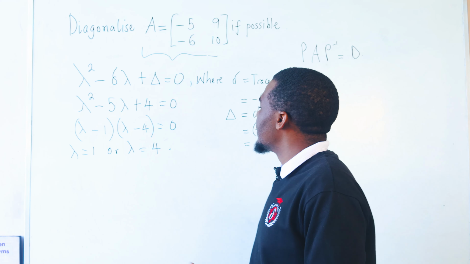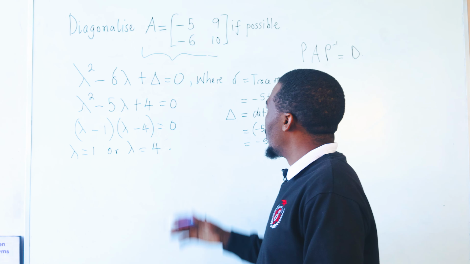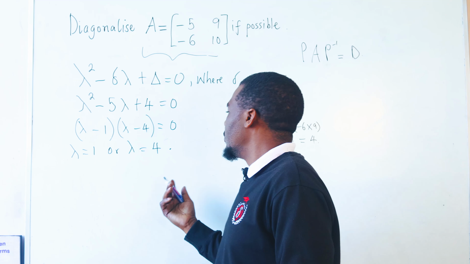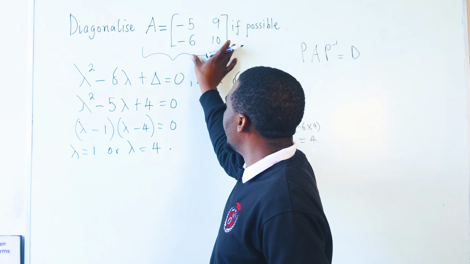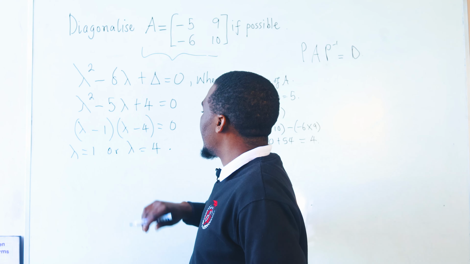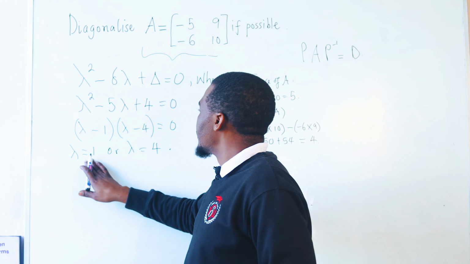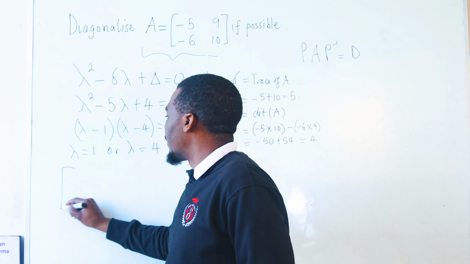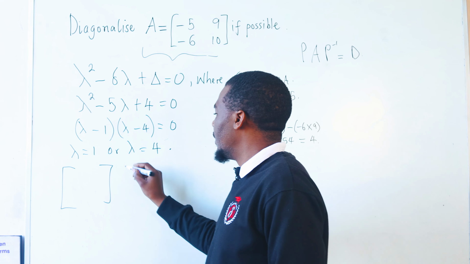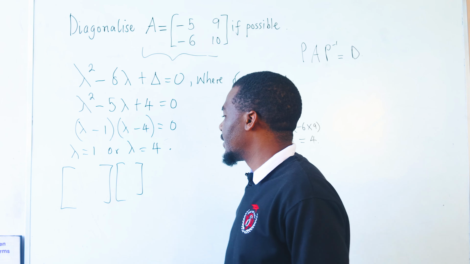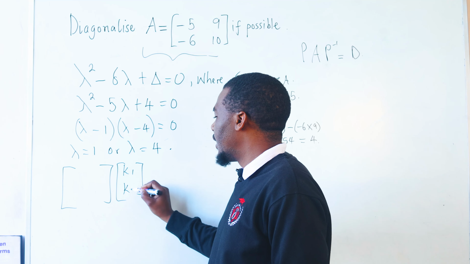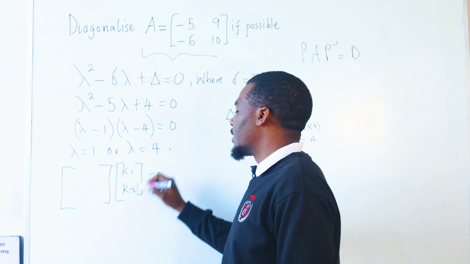In this case, to calculate the eigenvectors, we take 5 minus 5 minus 1, and you get a particular matrix that you multiply with an eigenvector, say k1, k2, and equate to 0.